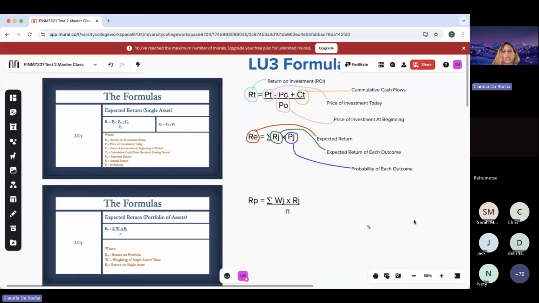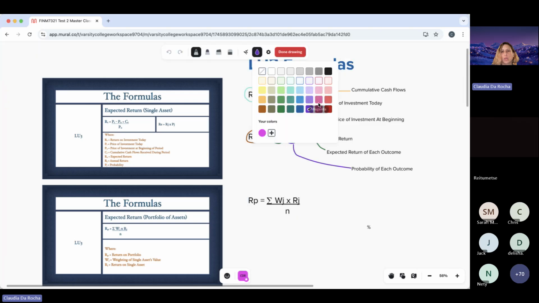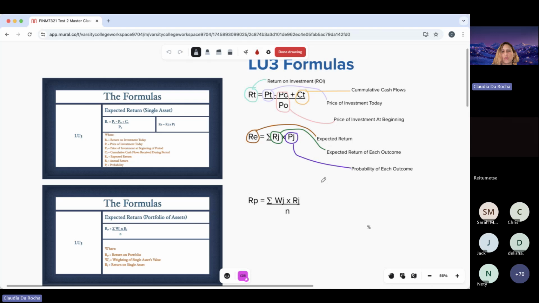Then we have an expected return for a portfolio of assets. So the only real difference between this formula, so if I had to circle it so that you understand which one I'm referring to, the only real difference between this one and this formula here, okay, is that we are weighting the returns and then dividing and averaging out over the years.